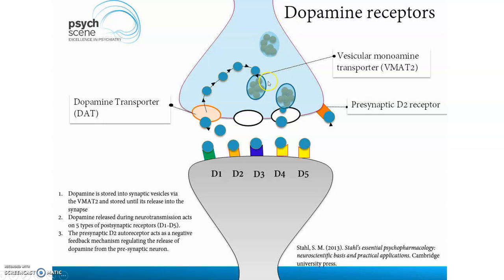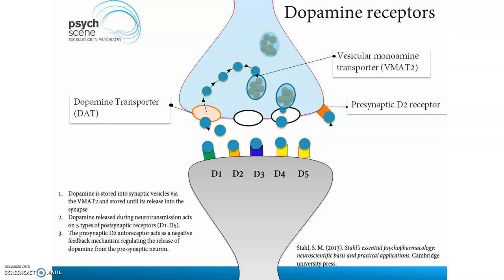In this diagram, the above one is the presynaptic neuron, the next one is the postsynaptic neuron, and the gap in between is the synaptic cleft. This dopamine is being stored in the vesicle. Whenever there is a nerve stimulation, there will be opening of the calcium channel in the presynaptic neuron.